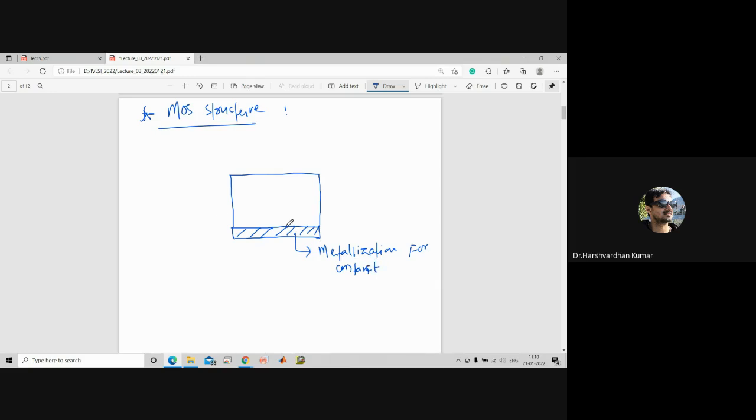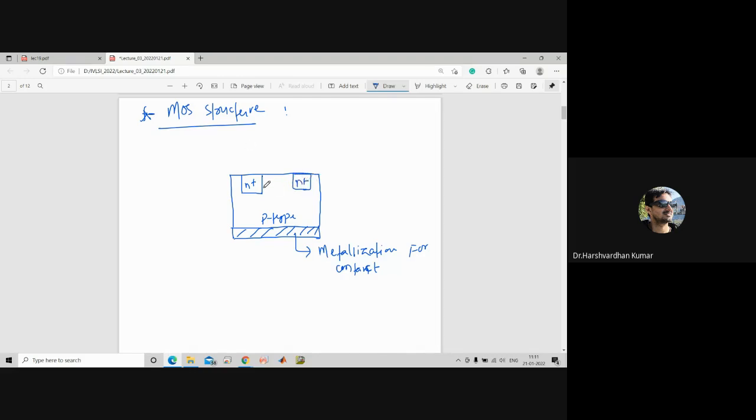Here we are doing the metallization for surface contact, right? Because this is a p-type substrate, if you remember. Now there will be two regions inside the bulk p-type semiconductor, this is n plus, and here it will also be n plus.